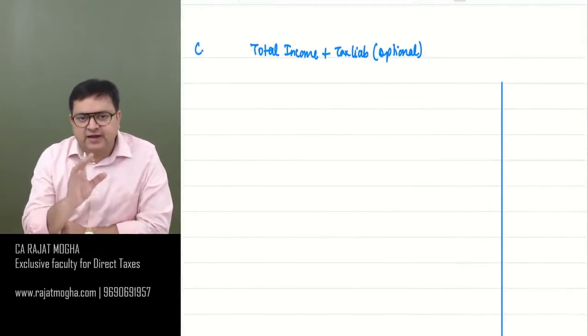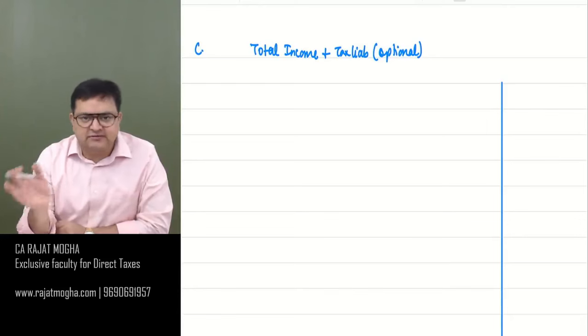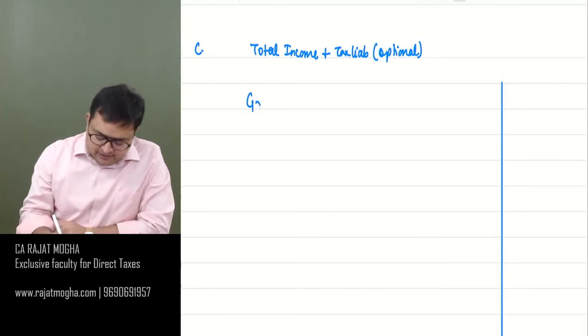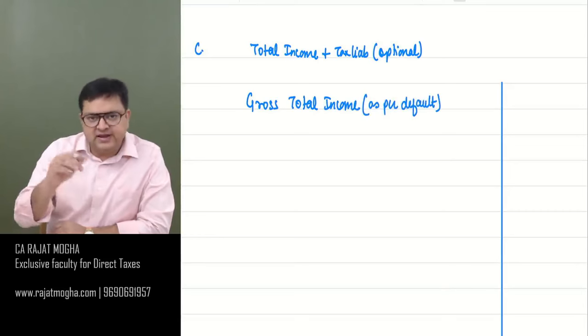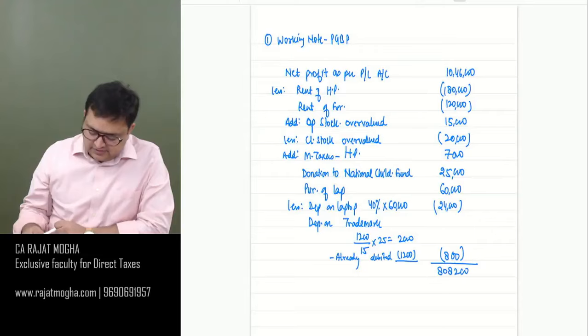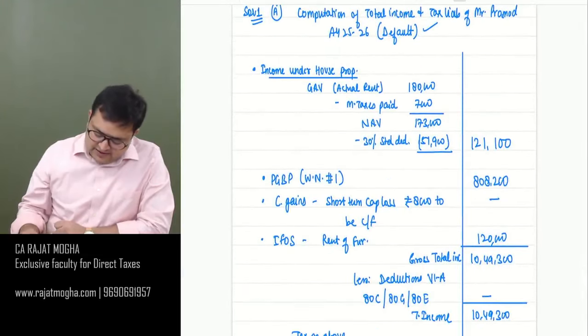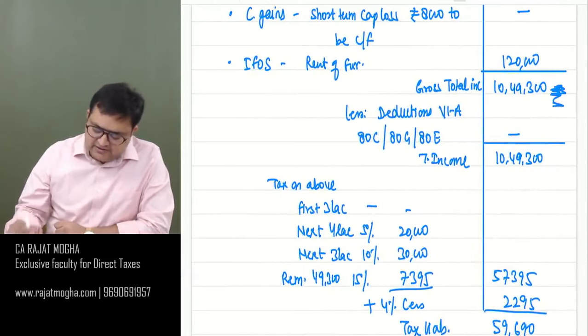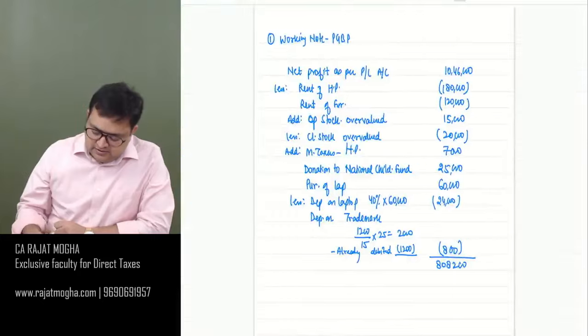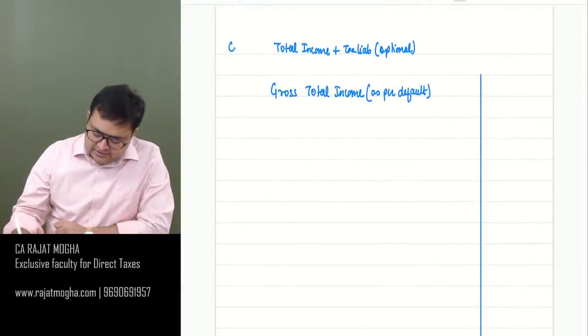Whatever the GTI you have calculated in the first one, just start with that. Gross total income as per default. Because you have already calculated through default, take this as a base. So we have calculated our GTI as 10,49,300, right? This one. 10,49,300.